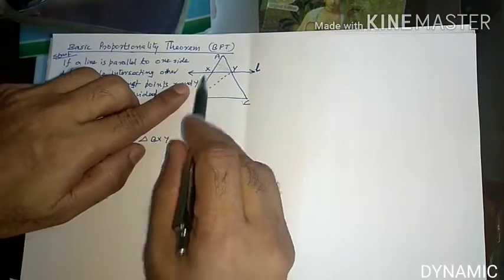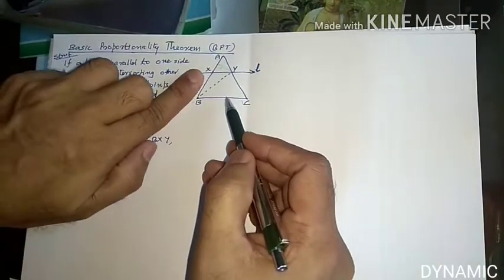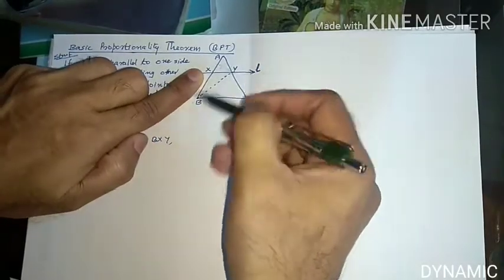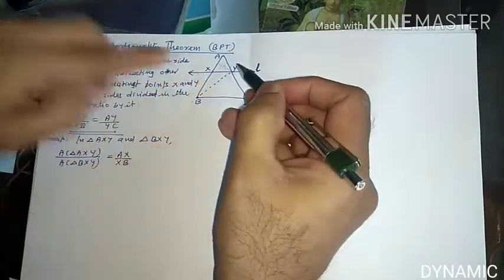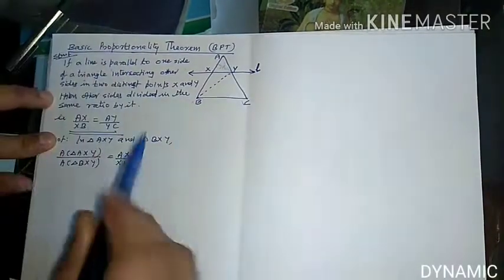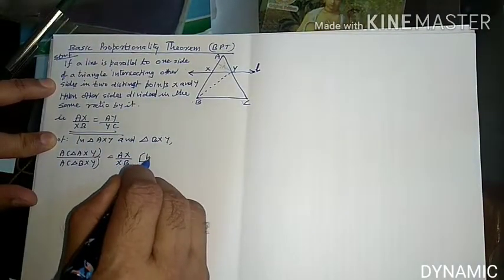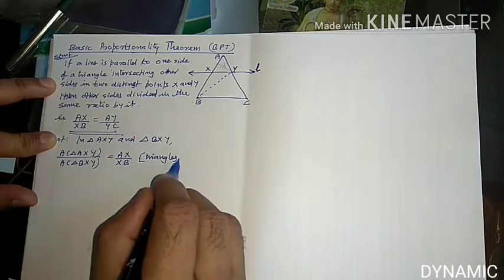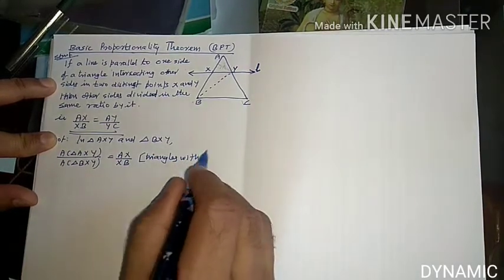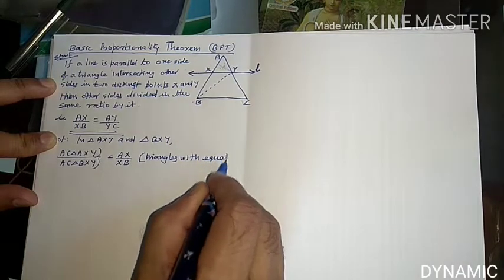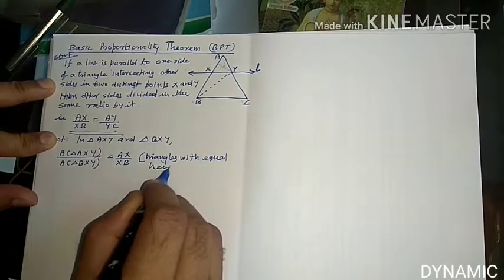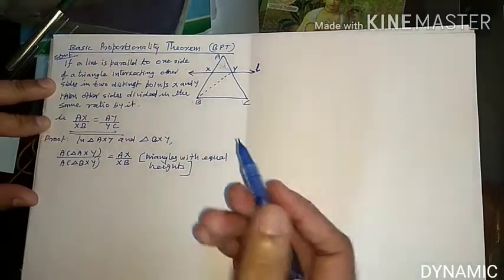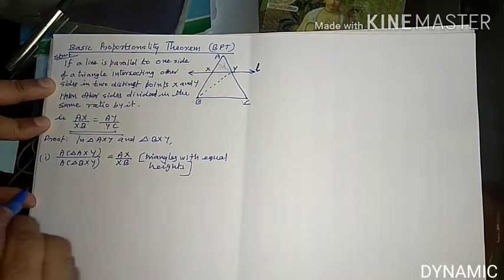For triangle BXY also, BX is the base, so height is from the third vertex perpendicular to the same side. Same height only, no? So here we can say triangles with equal heights. This is the first statement.